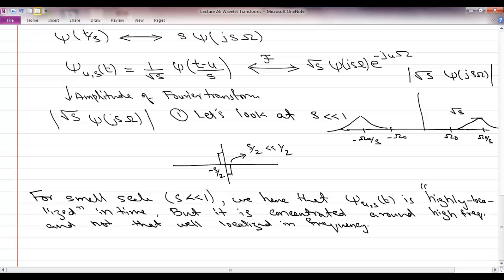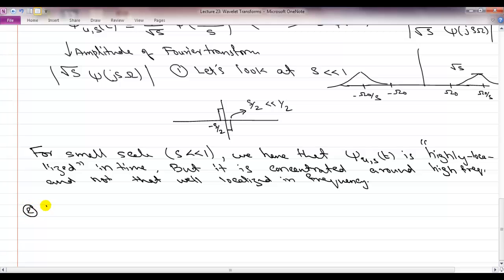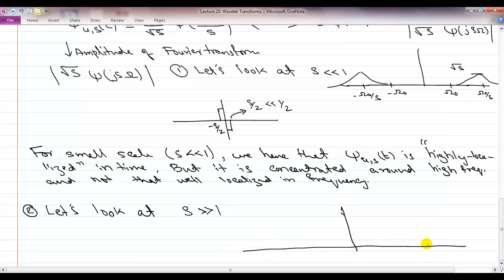Now let's take a look at the example of s much bigger than 1. And let's ask what happens then. So in frequency, I'm going to work with the same picture. I have originally my mother wavelet was concentrated around omega naught and minus omega naught. But now since s is much bigger, omega naught over s is much smaller than omega naught.